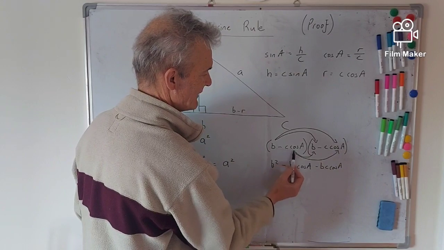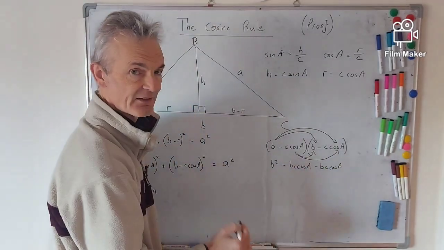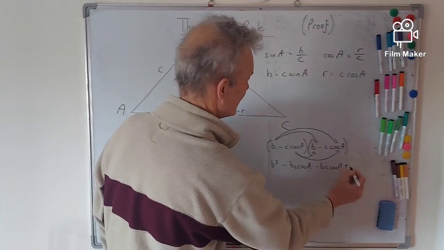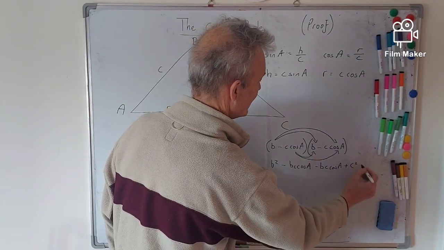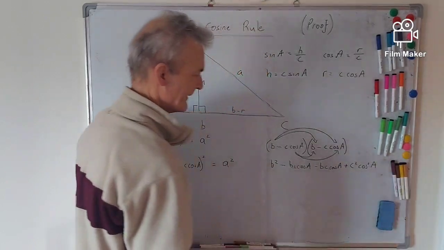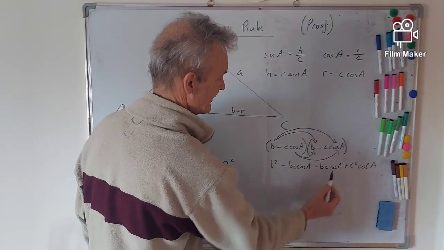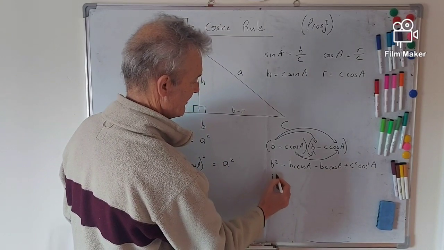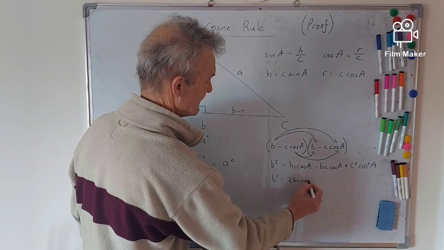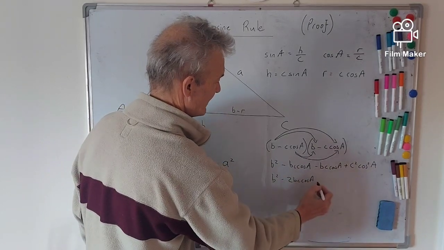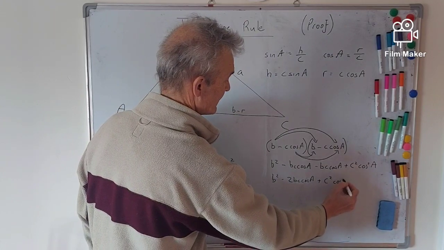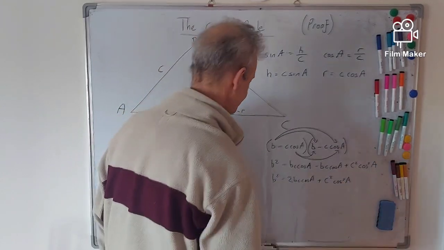Now remember, this is a negative times a negative, which will give us a positive. So we're going to get plus c times c, which is going to be c squared, and then cos squared A. Now we can simplify this because the two middle terms are the same. So we've got b squared minus 2bc cos A, and then plus c squared cos squared A.